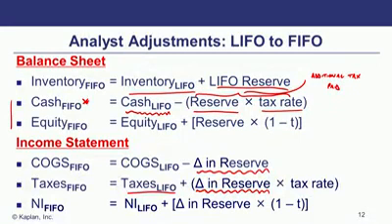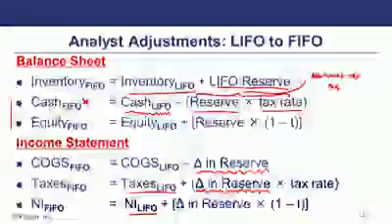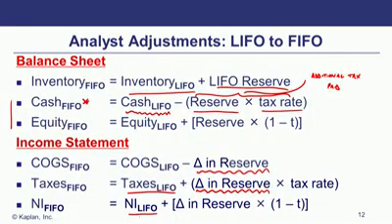And that's the additional tax we're paying on this year's profit. Then finally, net income under FIFO. Let's take the LIFO net income. Of course, profit before tax is increased by the LIFO reserve, so profit after tax must have increased by the LIFO reserve times 1 minus T, where T is our tax rate. Okay, and we'll see a numerical example of this in the class.